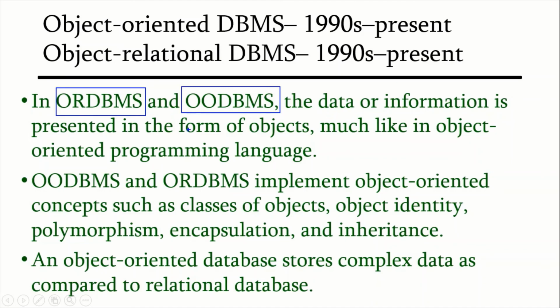Here, the data or information is presented in the form of objects. Yes, we know about objects, right? In object-oriented programming languages like C++ and Java, an object is a real-world entity. An object consists of data and operations. Object is equal to data plus some methods or operations.